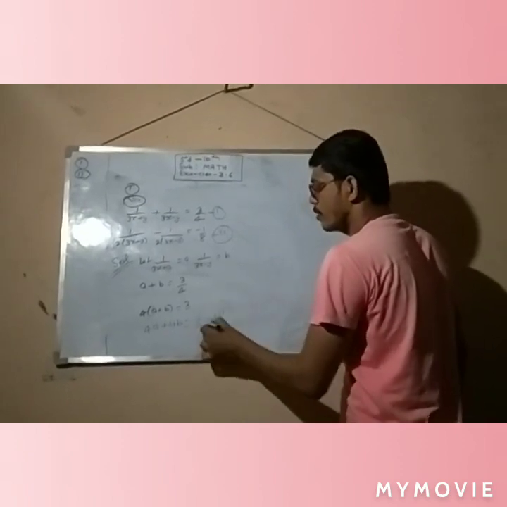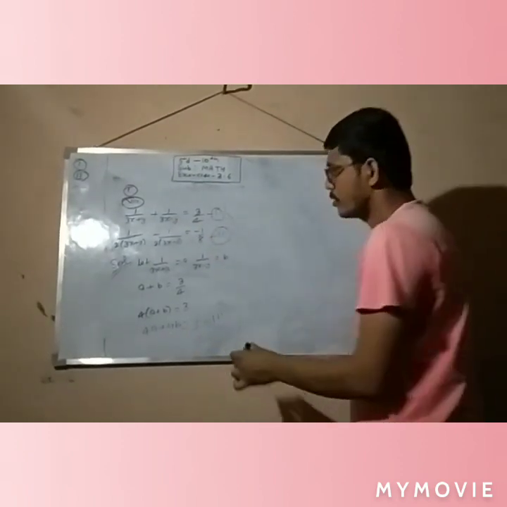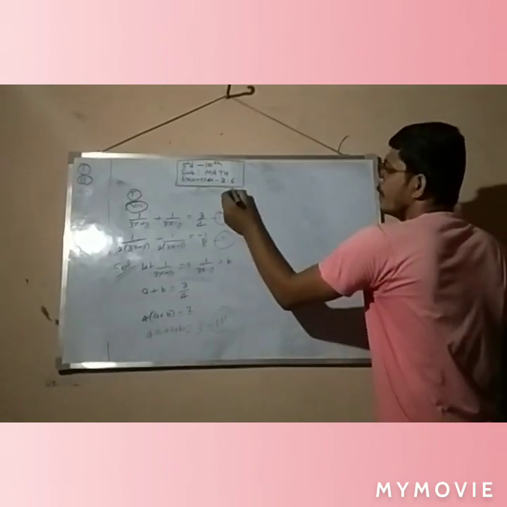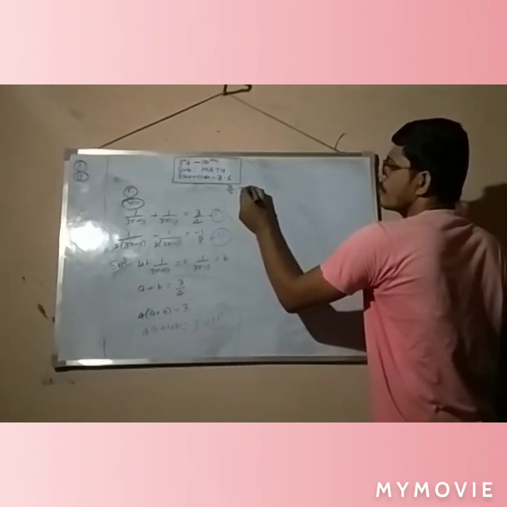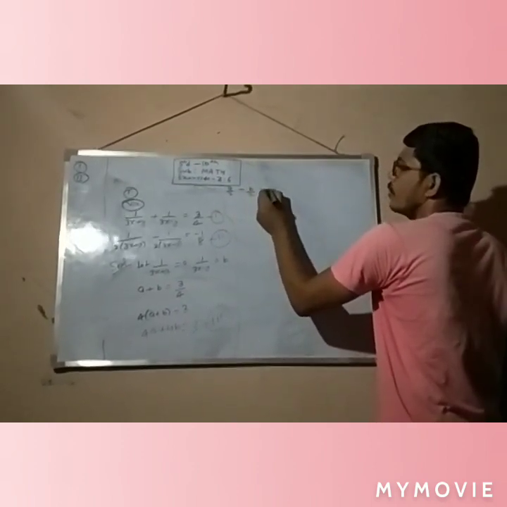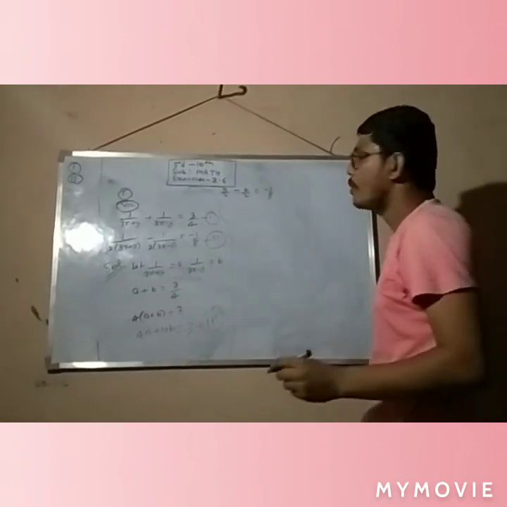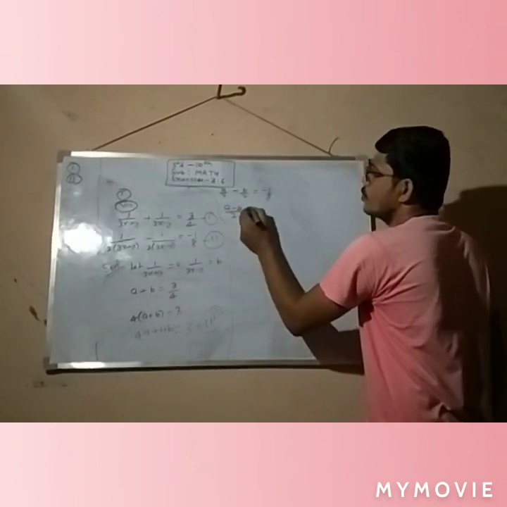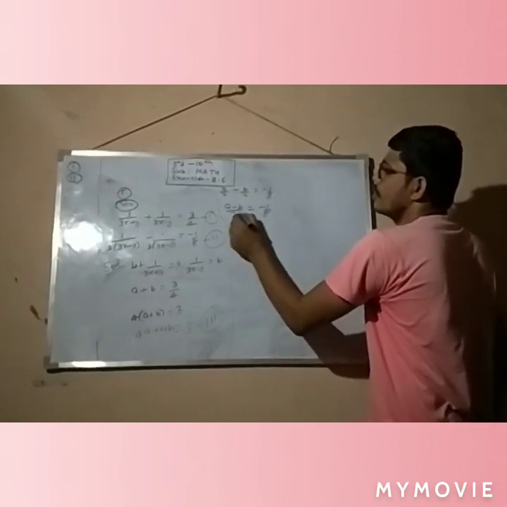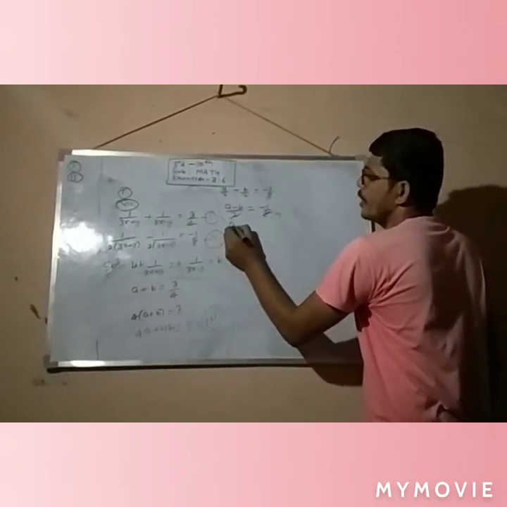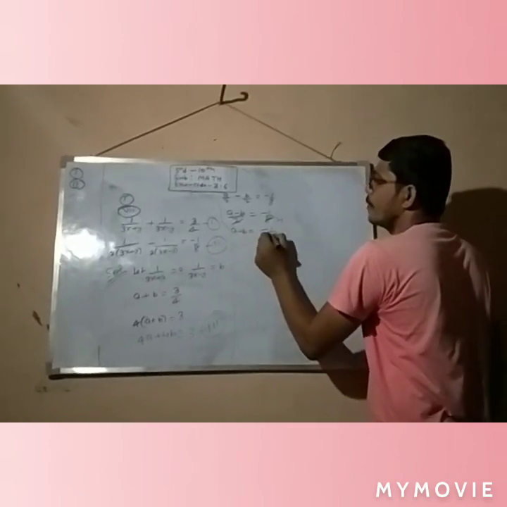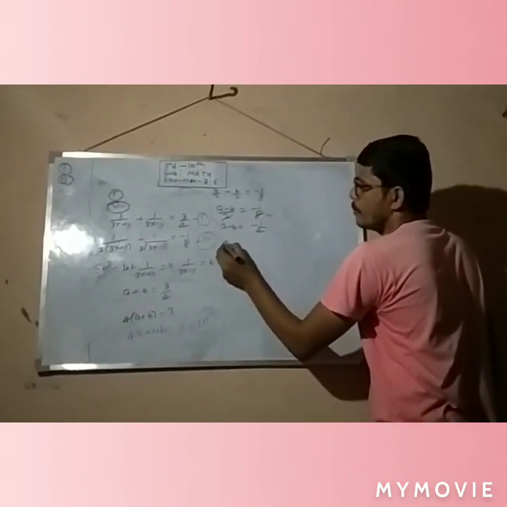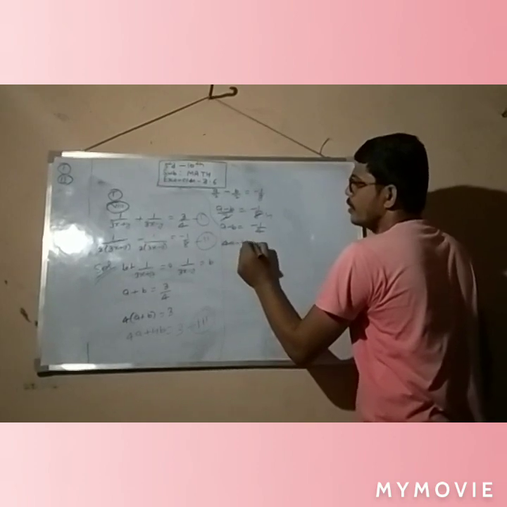This is equation number 3. Now similarly, a upon 2 minus b upon 2 is equal to minus 1 by 8. The denominator is the same, so a - b upon 2 is equal to minus 1 by 8. 2 times 4 is 8. Now a - b is equal to minus 1 by 4. Cross multiply, 4a - 4b is equal to minus 1.